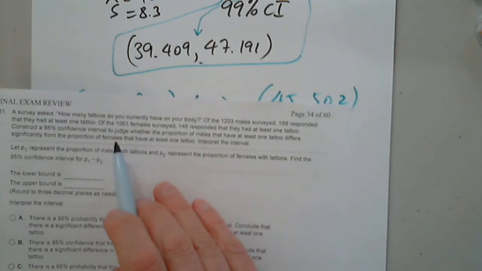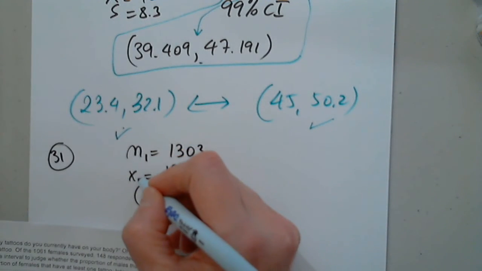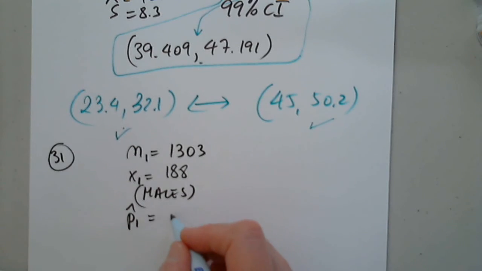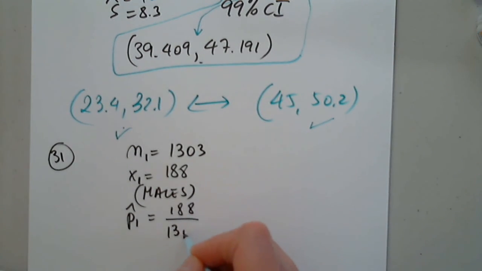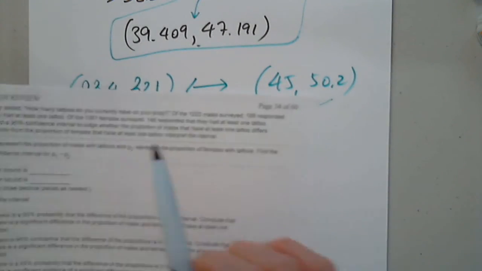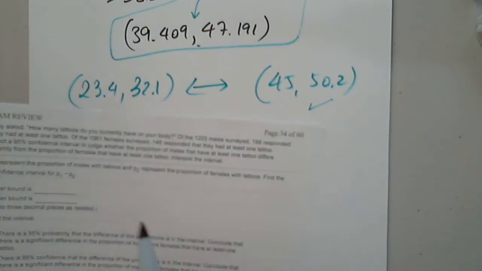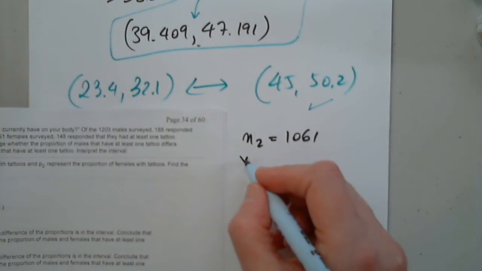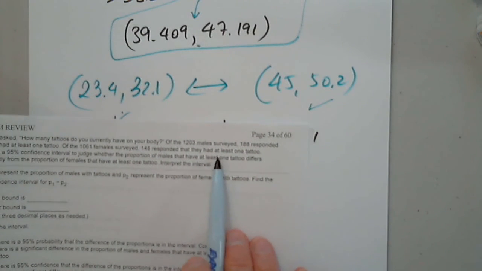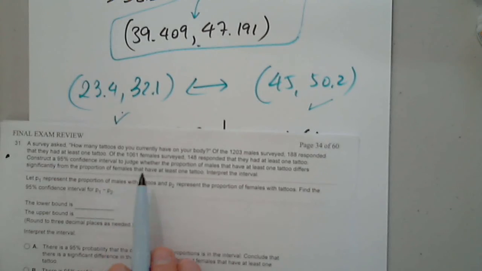So now I know this is n1 and this is x1, and this will be p1 hat, 188 over 1203. Of the 1,061 females surveyed, n2, 148, x2, responded that they had at least one tattoo. Construct a 95% confidence interval.